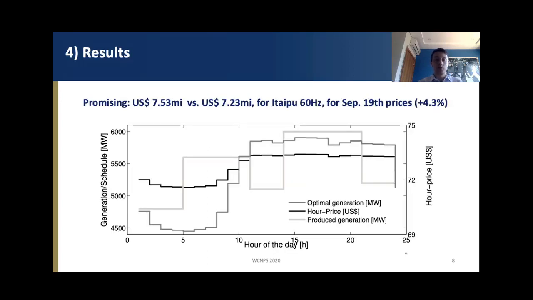Using this information, which is called in Brazil the shadow price, which is the price without the operation of the price, we have this information already. We made this study and gathered some results.